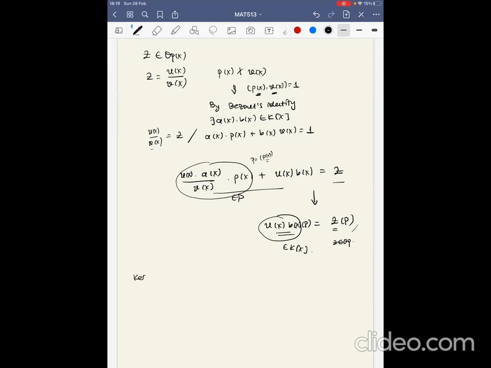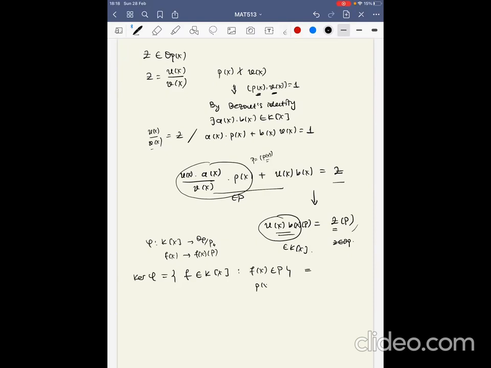Now the kernel of phi. Recall how we defined this map. The kernel of phi contains the polynomials which lie in P, with respect to the identity of the residue class field.